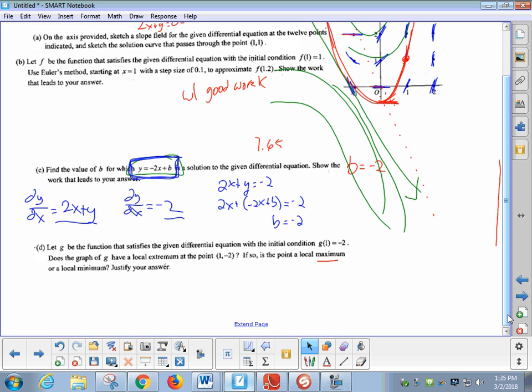Okay. D. I know that dy/dx at (1, -2) is 2 minus 2, or 0. Is that enough to say, yes, there's an extreme? No, that just means the graph goes flat, but it could be this kind of deal, trick you kind of thing, all right?